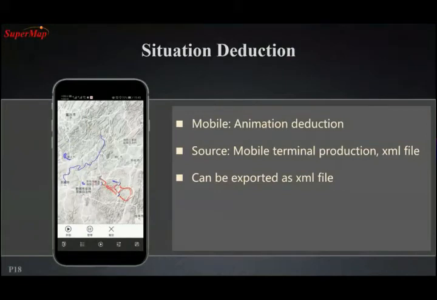This video shows that we used two colors to show different soldiers. For this animation, you can also export to an XML file, then import it in another mobile terminal.